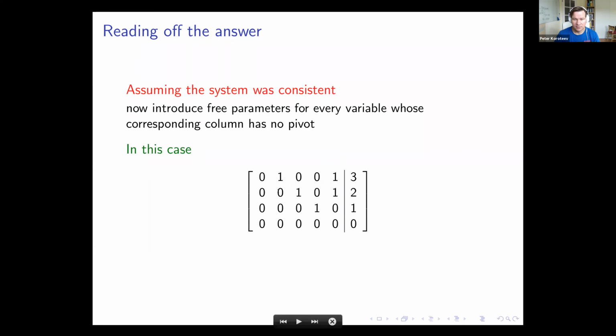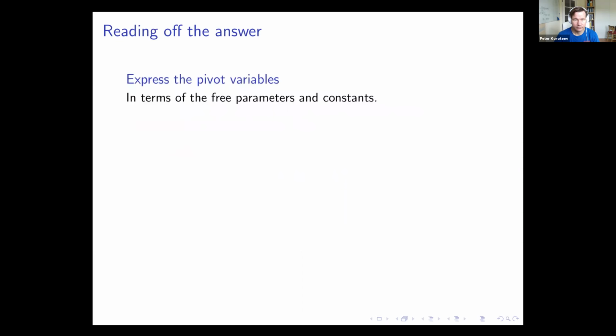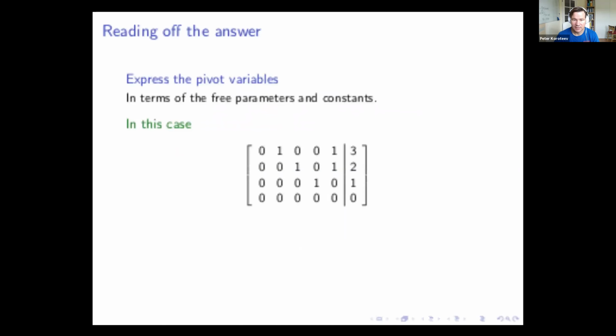Here, this column has no pivot and this column has no pivot. Let's call those parameters S and T instead of x1 and x5, just for simplicity. Now we need to express the pivot variables in terms of those parameters and constants. It will be the next step.